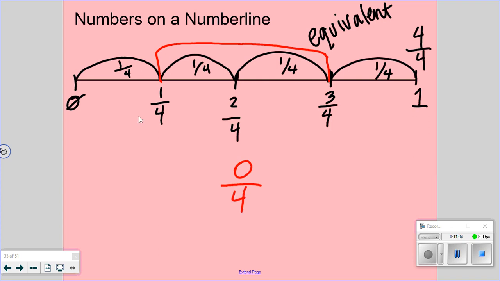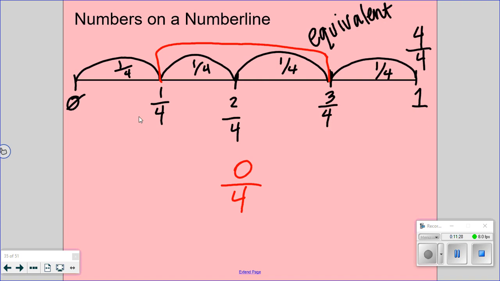Raise your hand to read that fraction to me. Brogan, this is the part where we stop talking and we listen to my direction. Julian, what does that fraction say? 0/4.